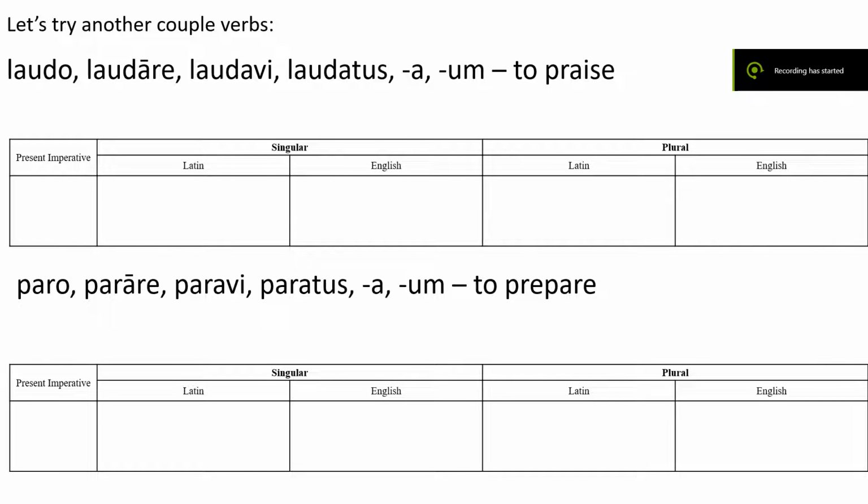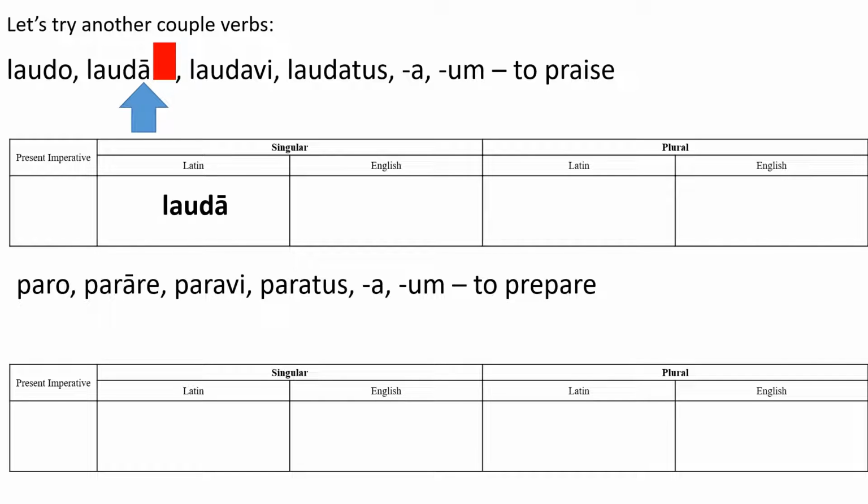Okay, once again, start with the second principal part. Remove the last 2 letters. That gives us our stem. Start there. Lauda, lauda. For the singular, you're done. You don't have to add anything else. For the plural, add te, laudate. Let's translate it.